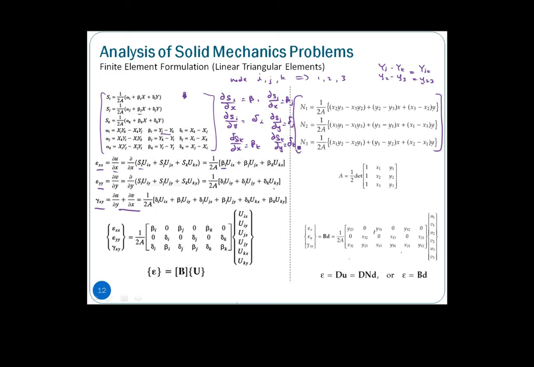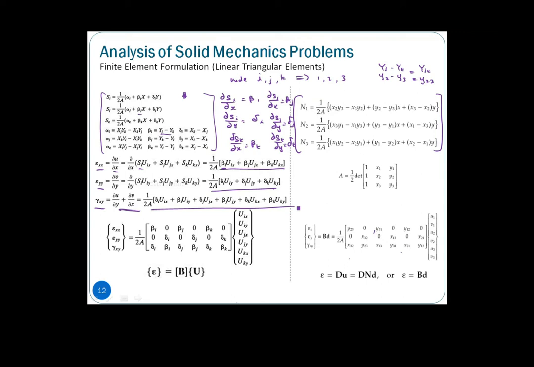If you have this information, then you can see that epsilon x, epsilon y, and what we call the shearing strain gamma xy can be written as this, simplified by making use of the derivatives of our shape functions with reference to x and y.